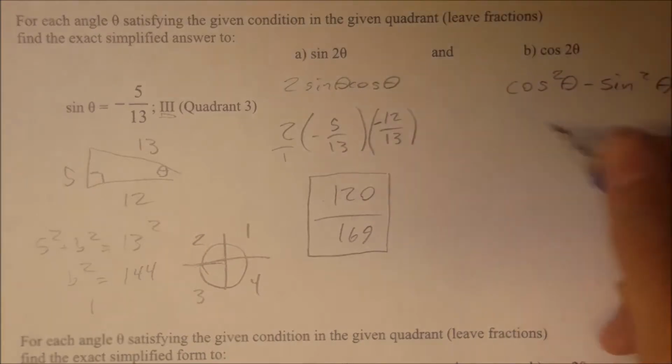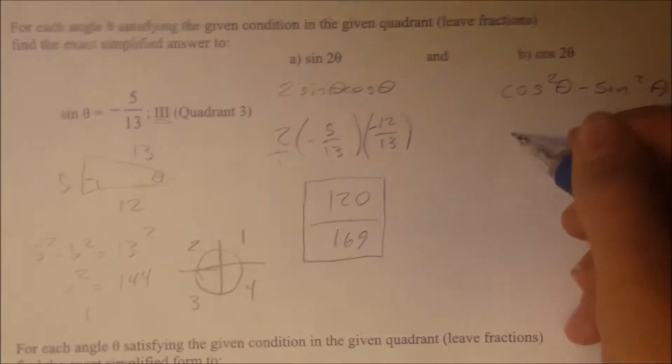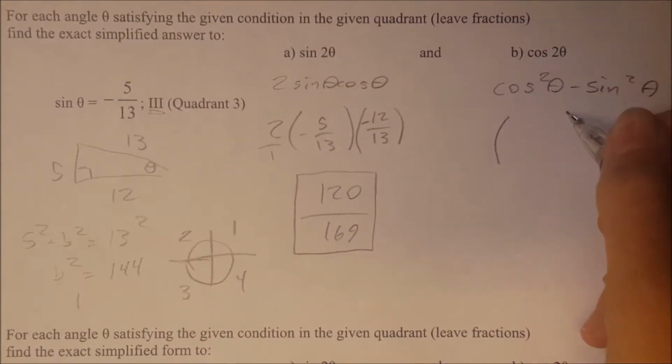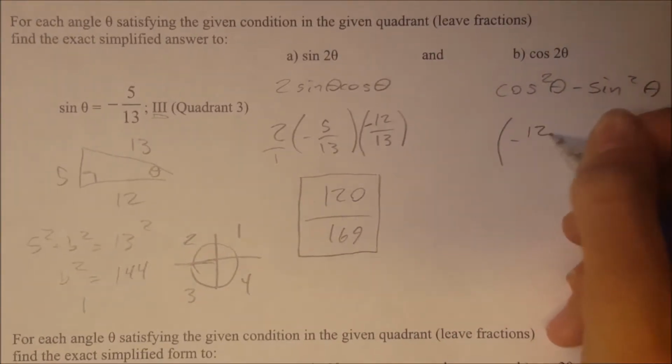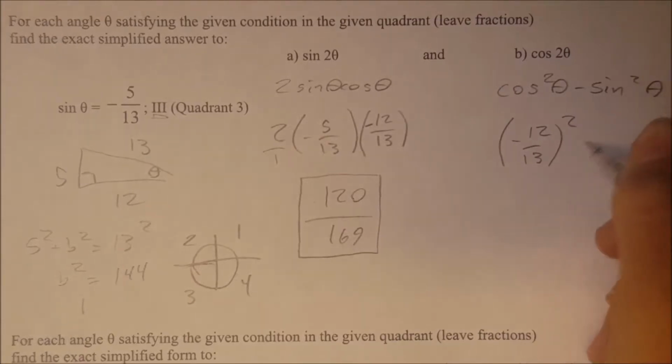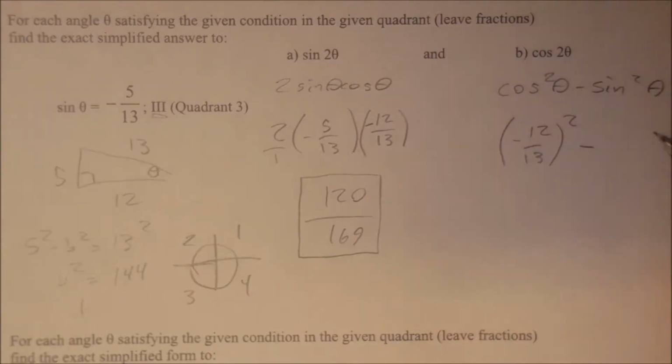For cosine, with cosine squared minus sine squared, you plug in cosine, which is negative 12/13, which we found over there, squared, minus sine, which is negative 5/13 squared.